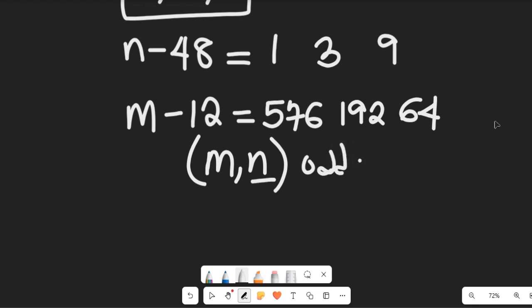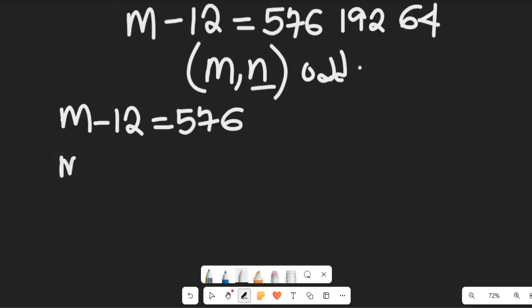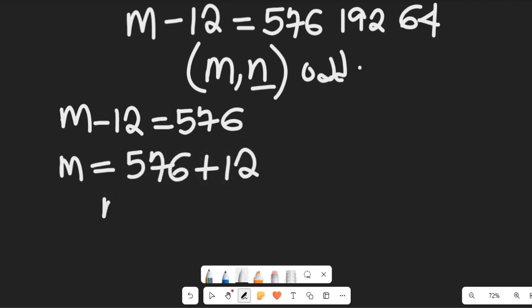So how do we have this? From this expression, we have the value of our n equal to 1, and then m equal to 576, then you'll find out that m minus 12, if it is equal to 576, then the value of our m can be equal to 576 plus 12, and then you see that my m is equal to 588.